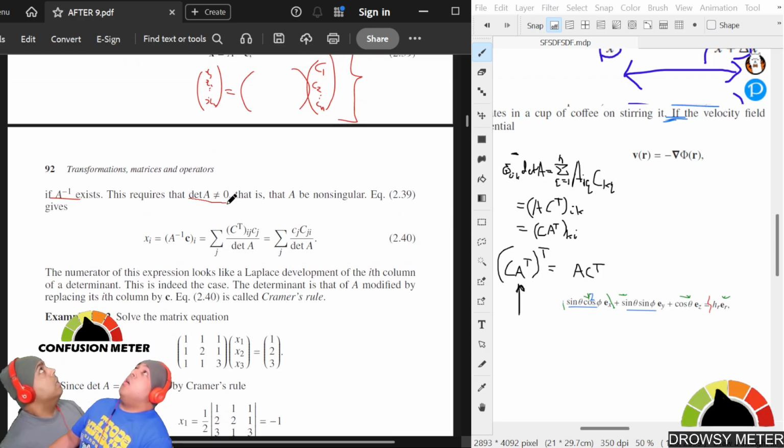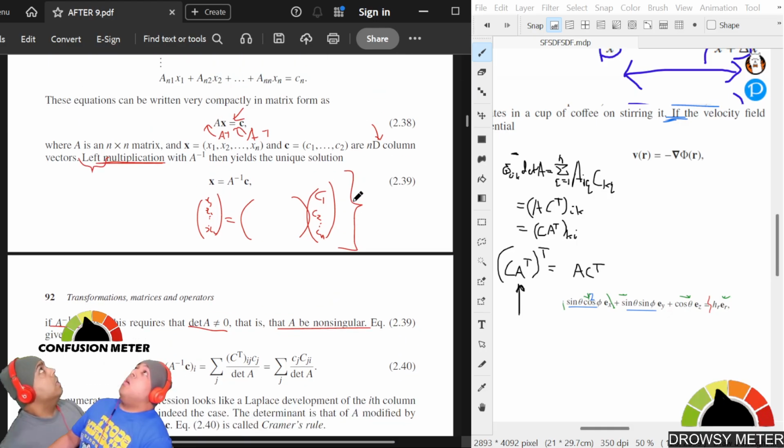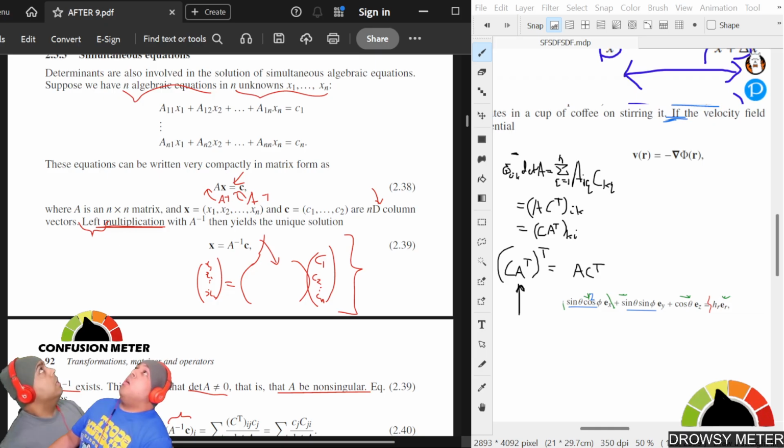This can be reworded as xi equals something. If you want to find x3, let's say A has to be square, right?